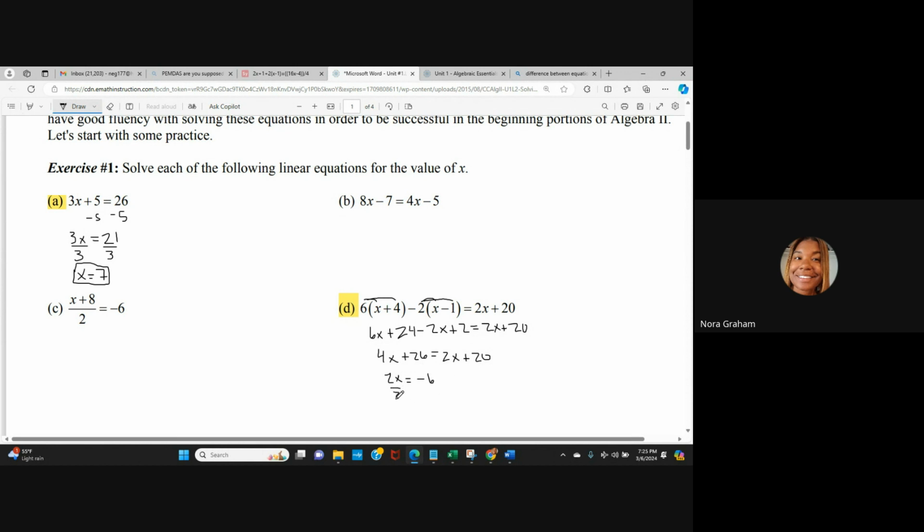Again, I divide both sides by 2, and then I get x equals -3. That's just a basic review of solving simple linear equations. Any questions on that, leave a comment below.